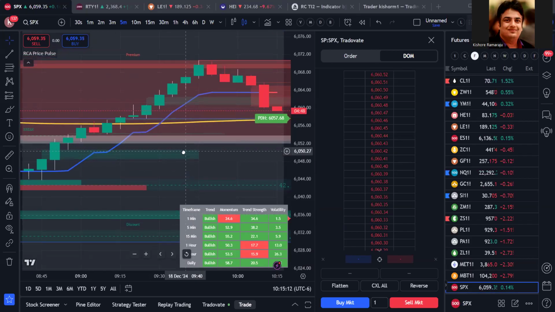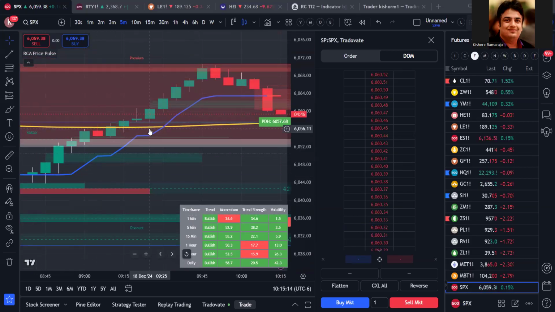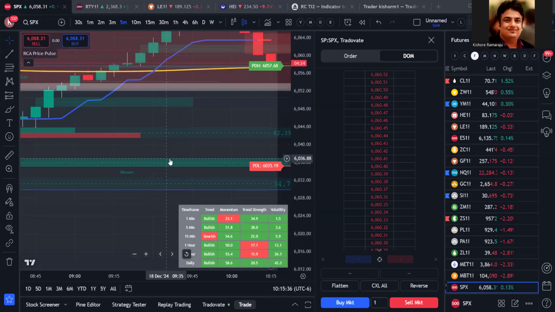Whereas retail traders, because of FOMO or because of not having the tools, we always wait until it goes all the way high, and we buy there. Market makers sell there. They buy at a discount, they sell at a premium. Whereas we buy here and we sell here.